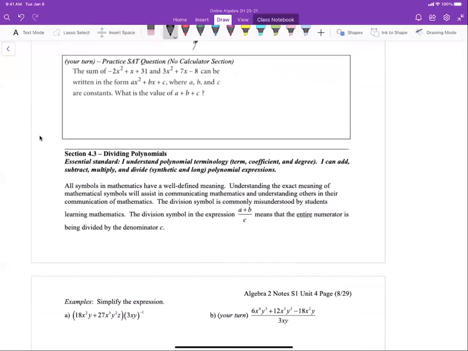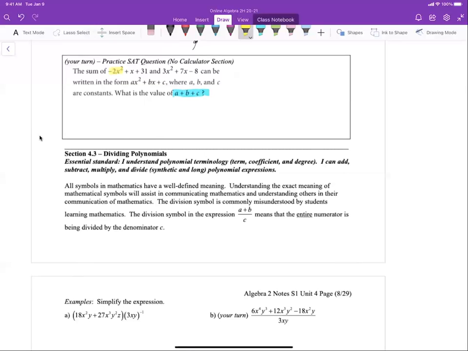The sum of negative 2x squared plus x plus 31 and 3x squared plus 7x minus 8 can be written in the form of ax squared plus bx plus c, where a, b, and c are constants. What is the value of the constants a plus b plus c? So essentially, it says sum, so we need to add them together.